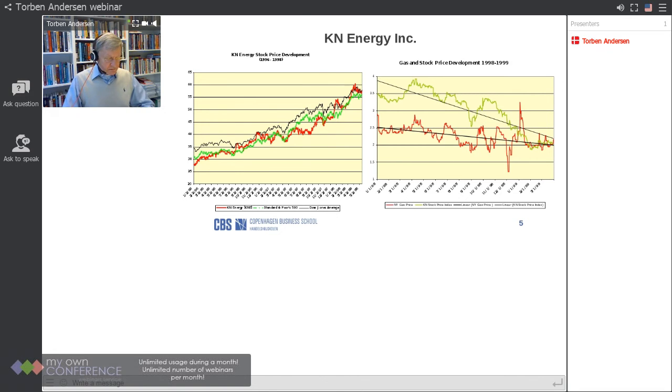So as a consequence of this, management of KN Energy, Larry Hall, started negotiating with one of the largest local energy companies, Sempra Energy, headquartered in San Francisco. And they actually announced the merger towards the end of February 1999.